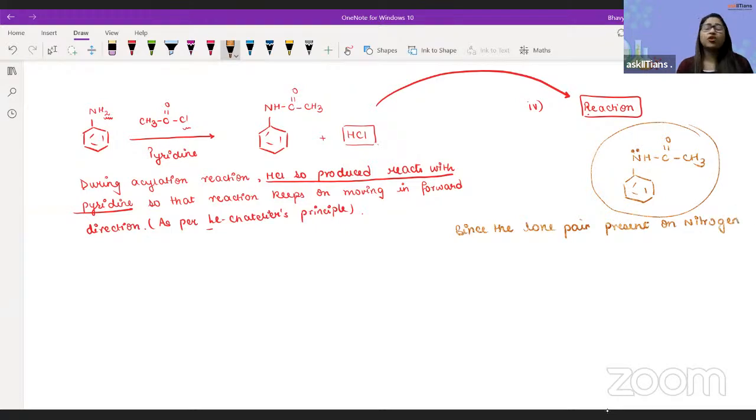Make sure there are no shortcuts in CBSE answers. It's not that for nitrogen I'll just write N; I have to write the entire thing.